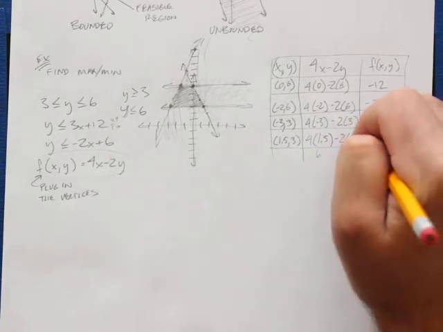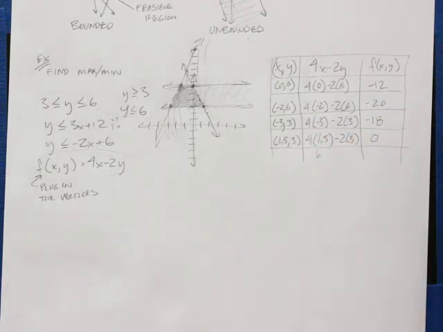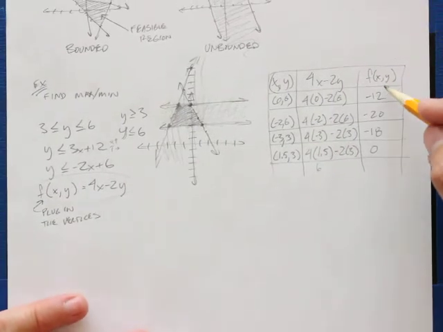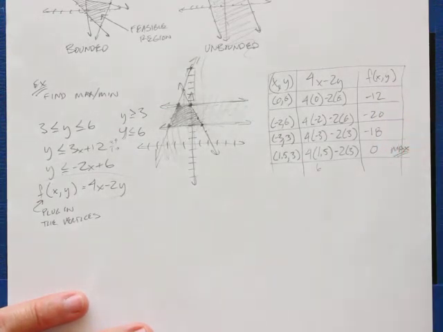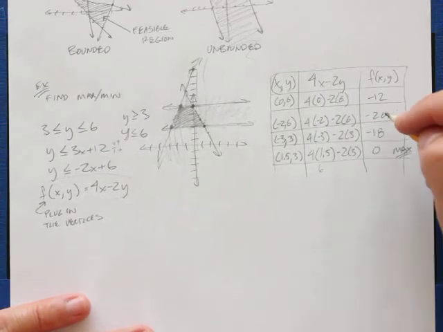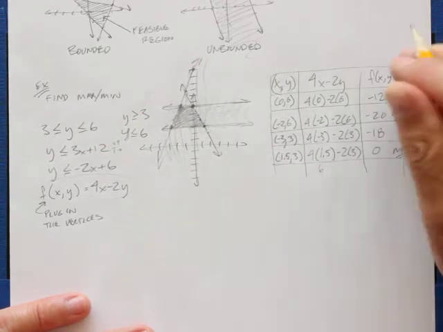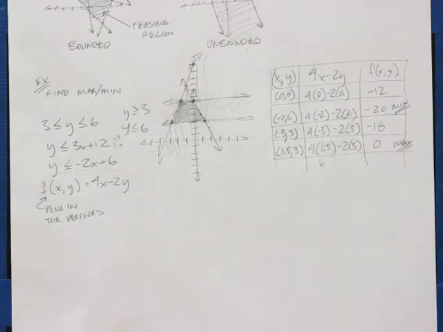Minus 6 is 0. So now we just look at this and say which one is the greatest. So 0 is the max here. And which one is the least? This negative 20, so this is the minimum. And this is how this works. It might make sense to you, it might not, but this is how you do it.